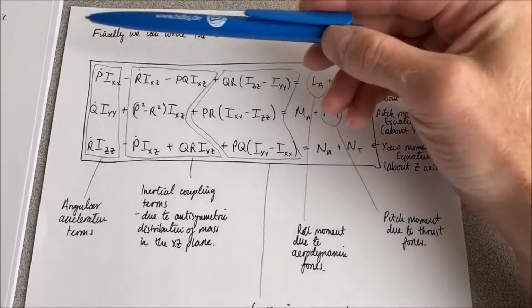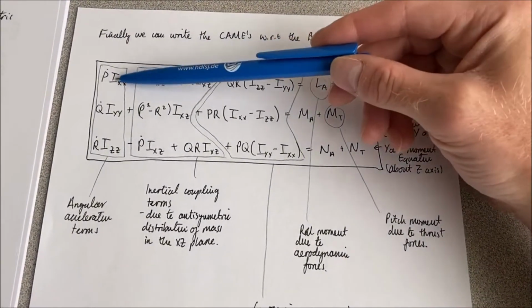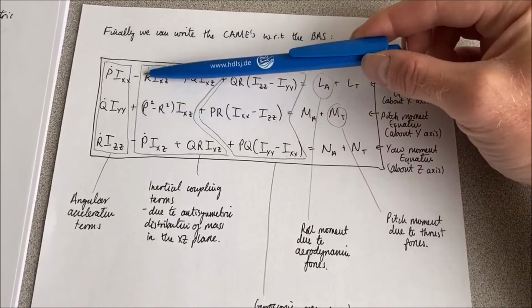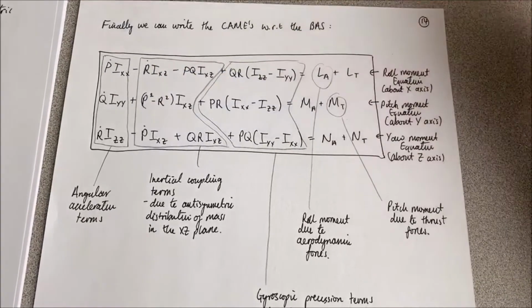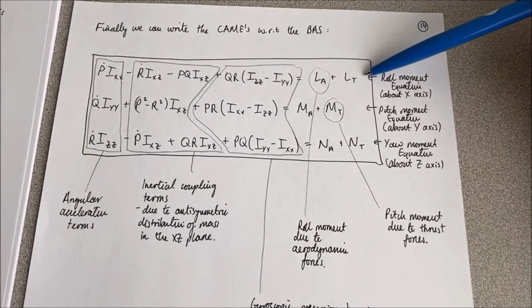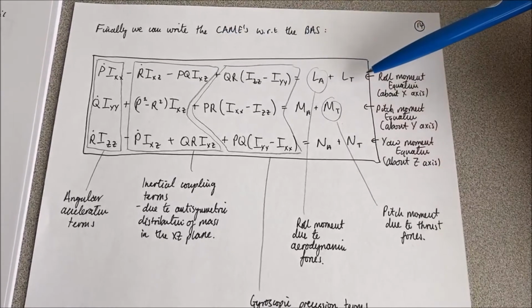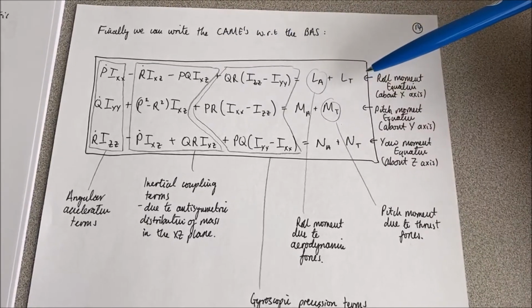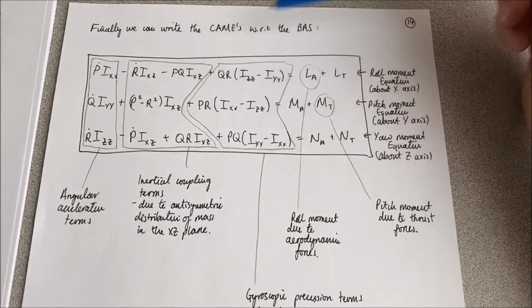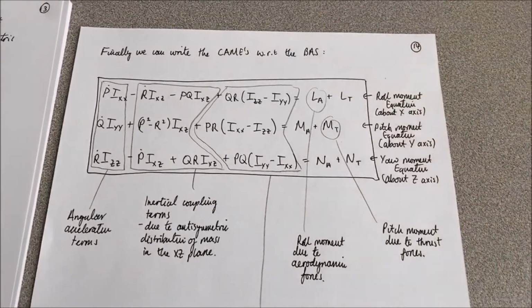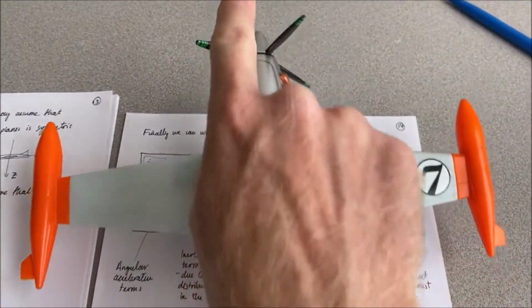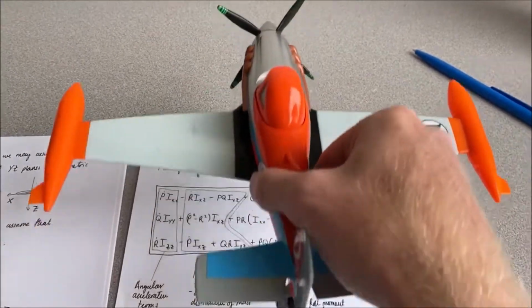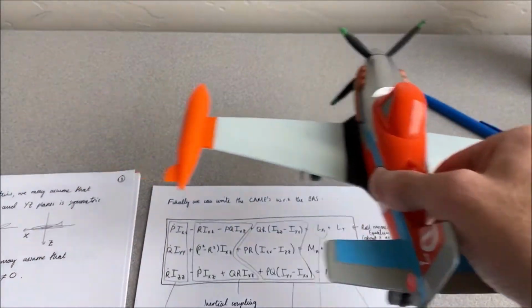So I've left this in component form, right? So this is grouping all of the i bars, this is grouping all of the j bars, this is grouping all the k bars. So this equation here relates to our roll moment equation. Roll because it's about the x-axis, so remember the x-axis is out the nose, so if we're rotating about the x-axis, that's roll.